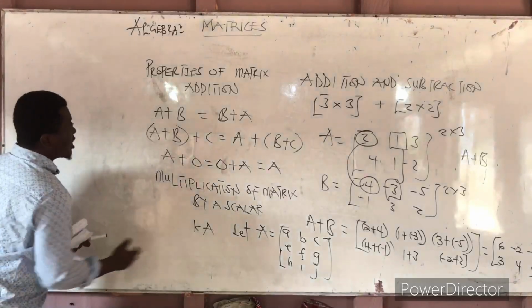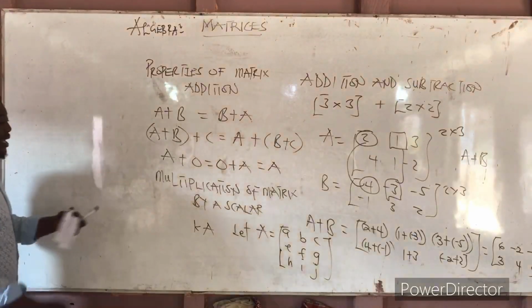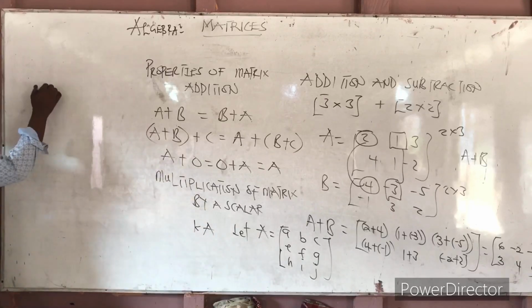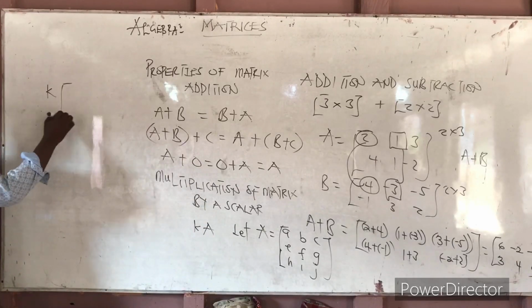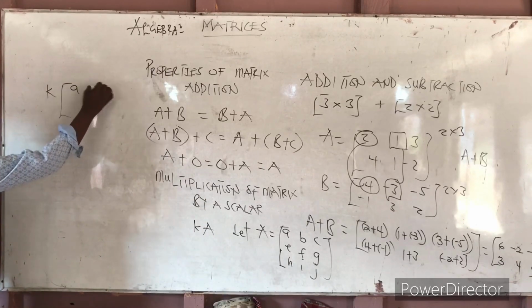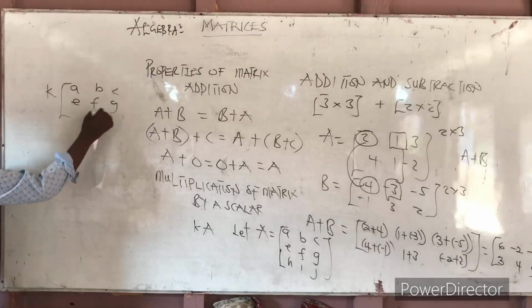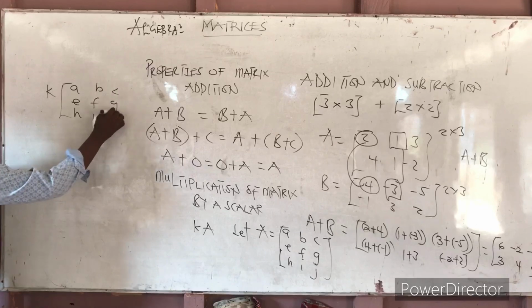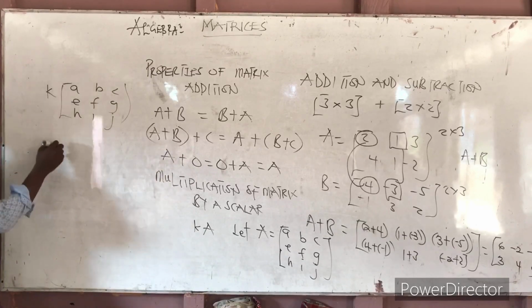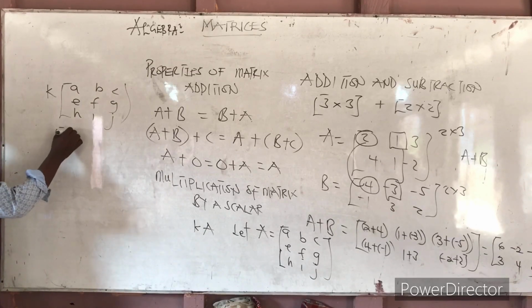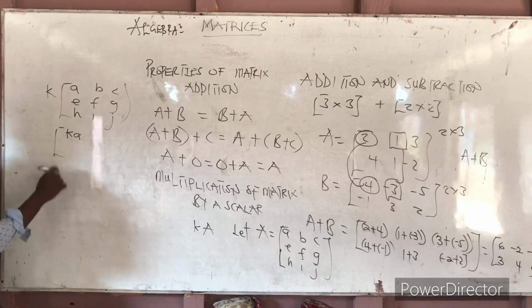If you want to multiply this matrix A with a scalar K, we are going to get K, which is going to multiply A, B, C, E, F, G, H, I, J. So K multiplies A, get KA or AK.